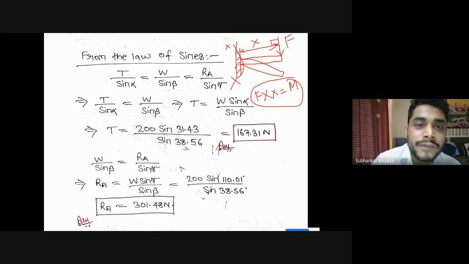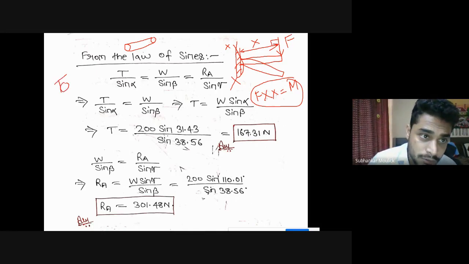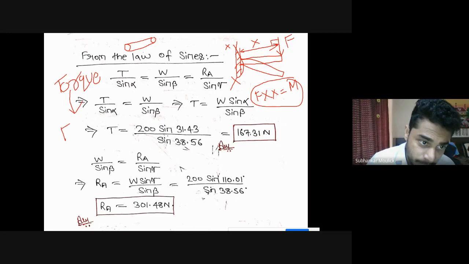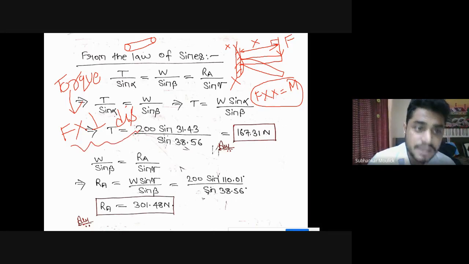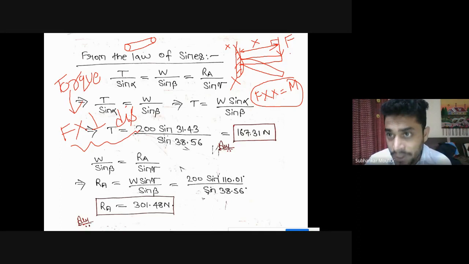That is what? Say if you are having this body, that moment we will call it by torque. That moment is nothing but a torque which creates a twist in the body. Torque is also force into perpendicular distance. But the torque produces a twist in the body, and this moment makes the body to bend.